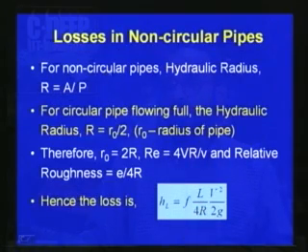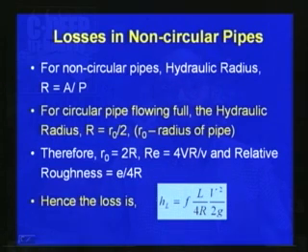And then for non-circular pipes, the hydraulic radius is R equal to A by P. For a circular pipe flowing full, correspondingly the hydraulic radius R is equal to A by P, which will be equal to D by 4, that is R0 by 2. Here R0 is the radius of the pipe, so R is equal to R0 by 2, therefore R0 is equal to 2 times the hydraulic radius.